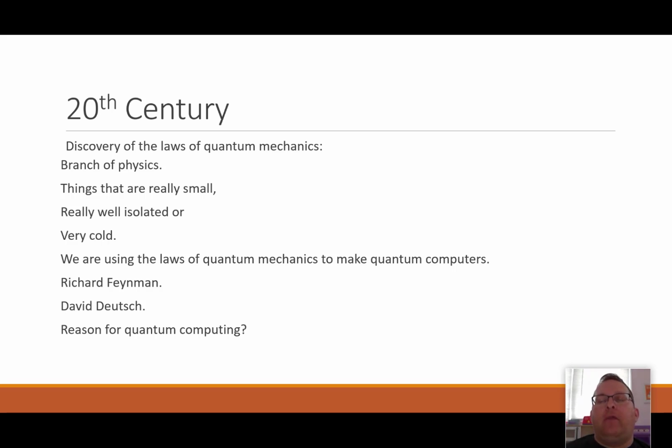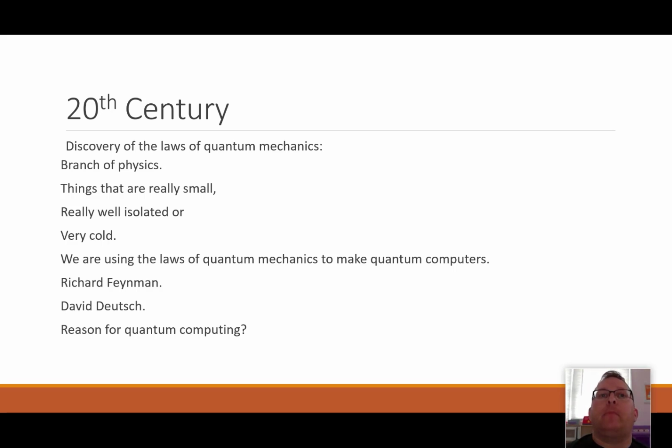And in 1985, another well-known physicist, David Deutsch, was at Oxford University, and he fleshed out Feynman's idea by creating an actual design for a quantum computer, including an algorithm to run on it.